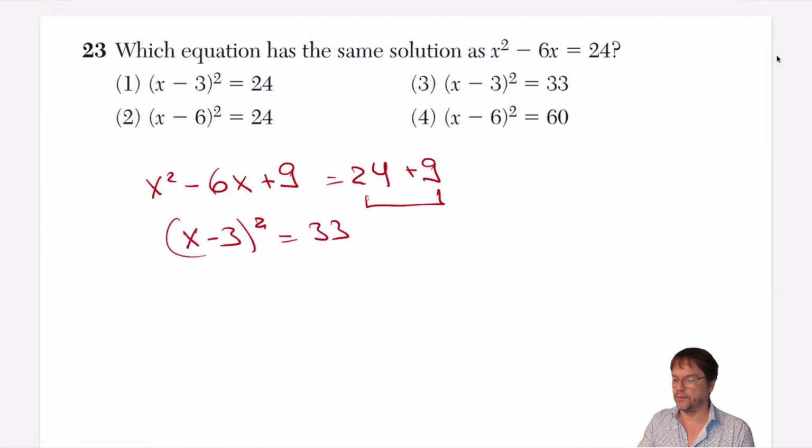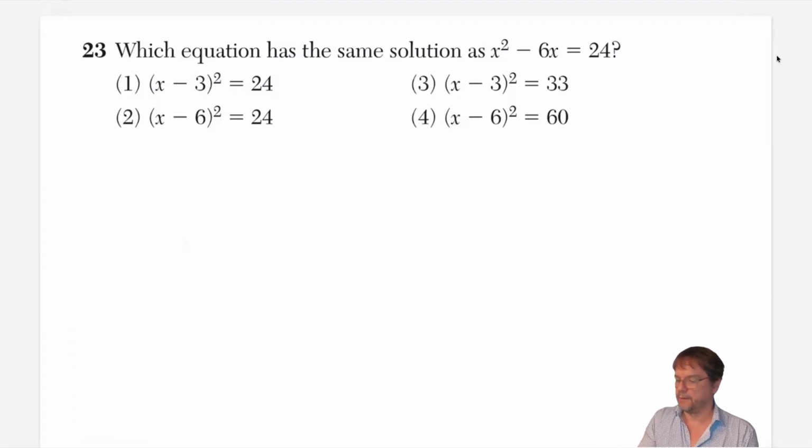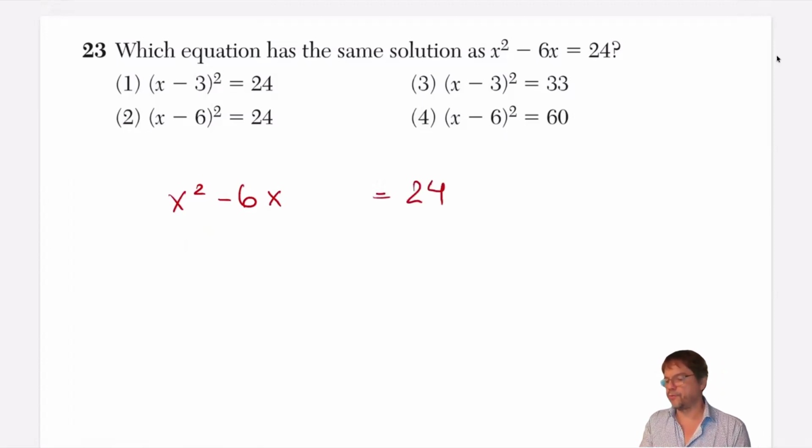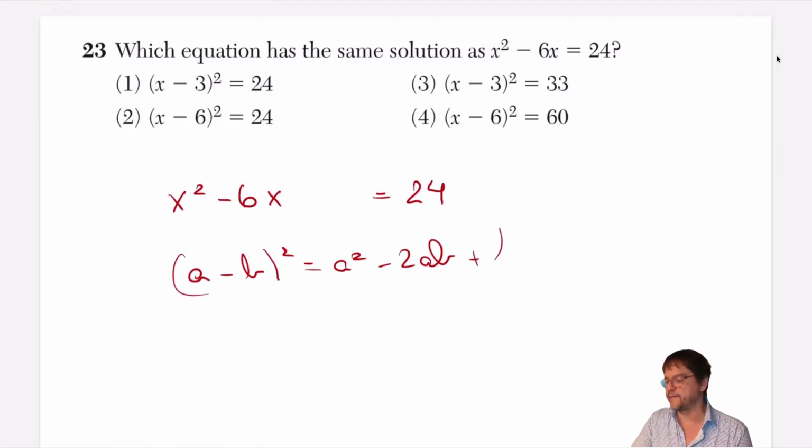Okay, I repeat, look. X squared minus 6x is equal to 24. I try to transform this into a binomial. If I have a minus b squared, it is the square of the first one minus 2 times the first one times the second one, plus the square of the second one. So here I have 6, that is the same as 2 times 3. So a is x and b is 3.